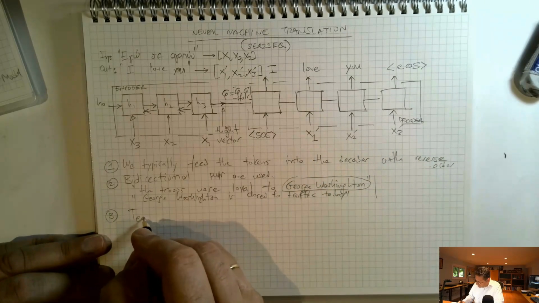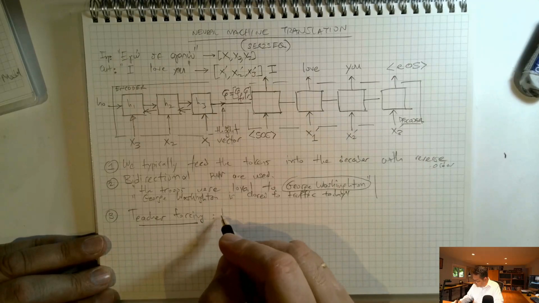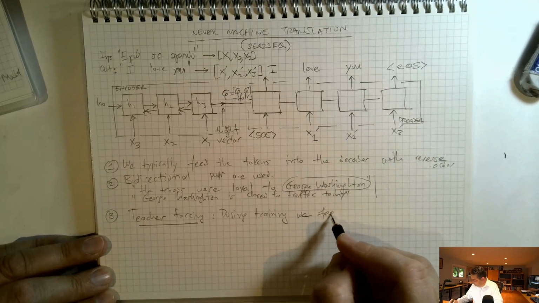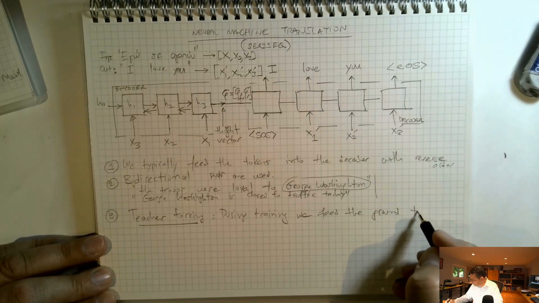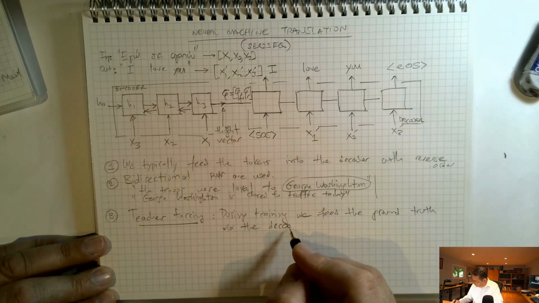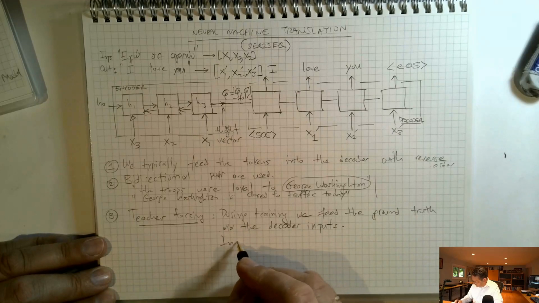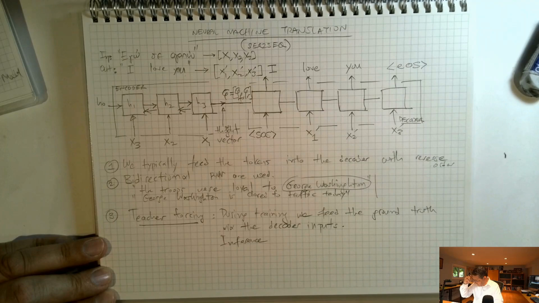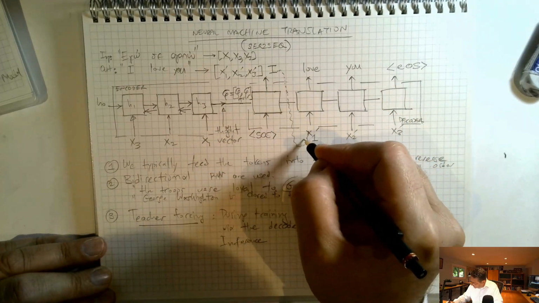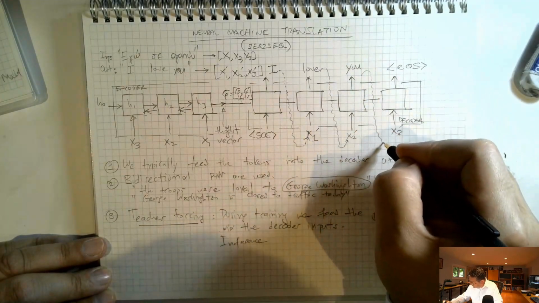We use the term teacher forcing to describe the process that during training we feed the ground truth via the decoder input, but during inference, and this is what we are going to be doing, as I show with this dotted line, we are feeding the previously predicted token as input to the decoder.